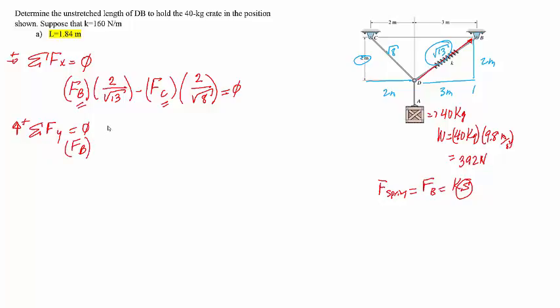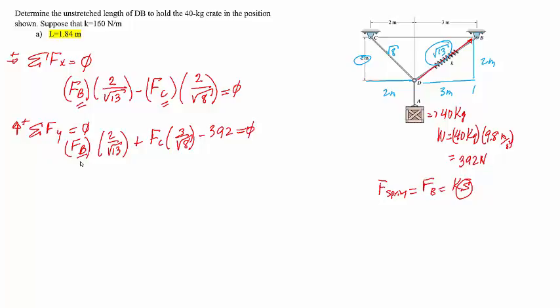So in Y I have FB, it's 2 over square root of 13 too, because it's 2 and 2, plus FC 3 over square root of 8 minus 392 equals 0.